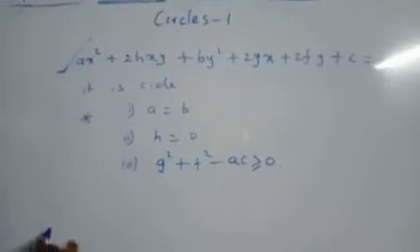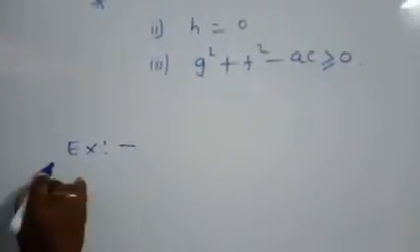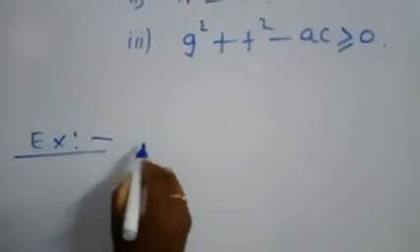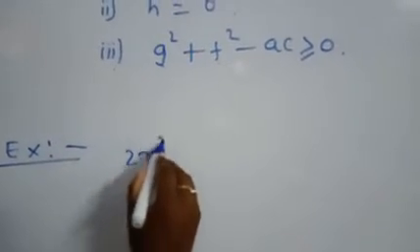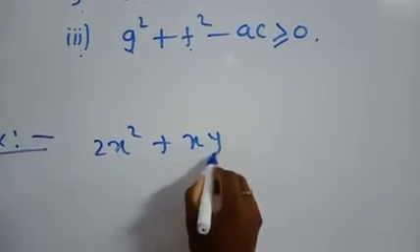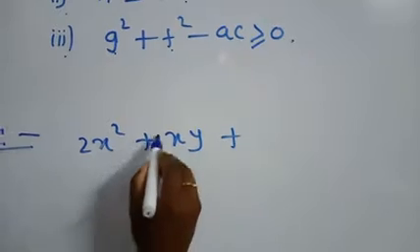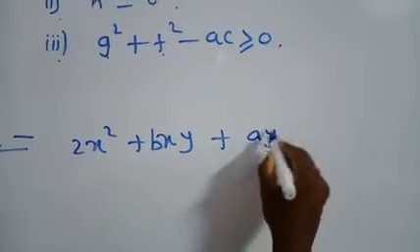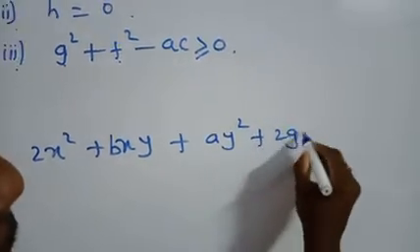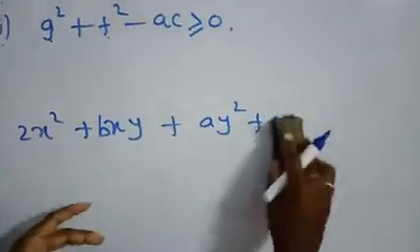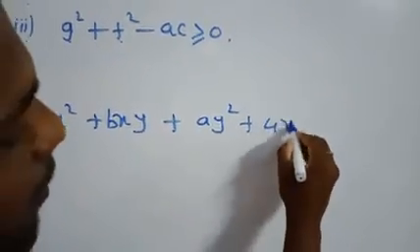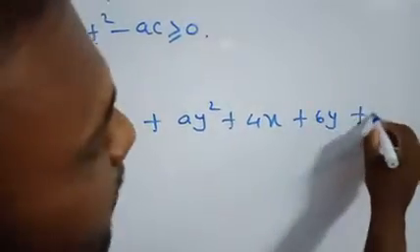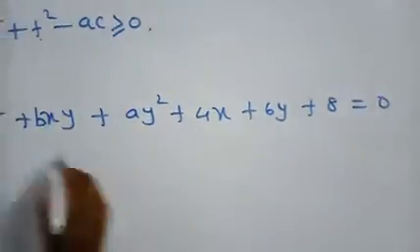For example, in the examination it is asked like this: 2x² + xy + bxy + ay² + 4x + 6y + 8 = 0.